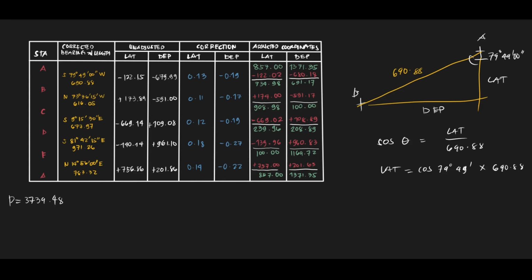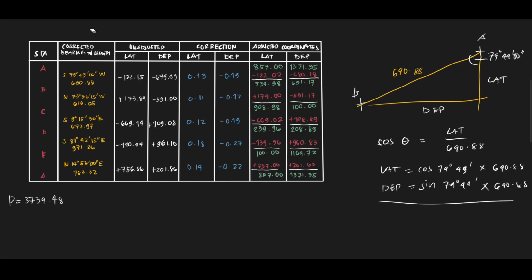Okay. And then for the departure of line AB, we will use sine 79 degrees, 49 minutes, multiplied by 690.88. So that's how you get your latitude and departures right here. And I'm sure you already know how to do that. You just have to do all of the lines right there, and then you will get these values.